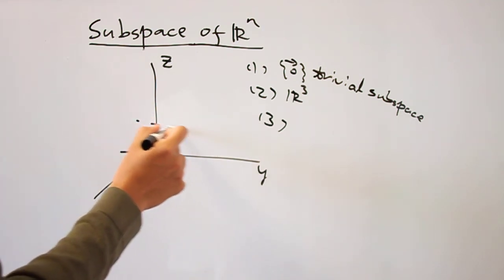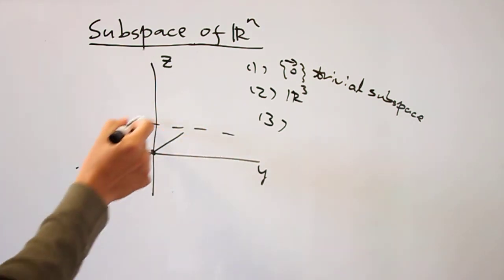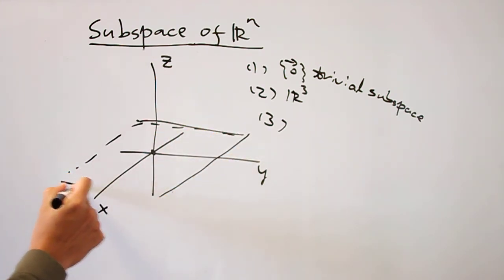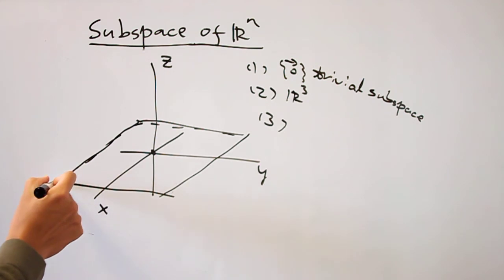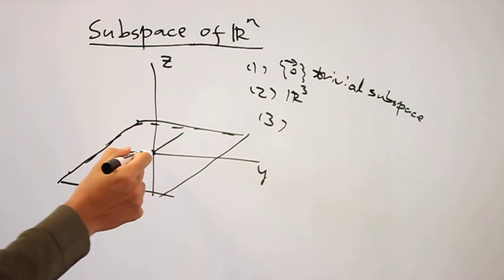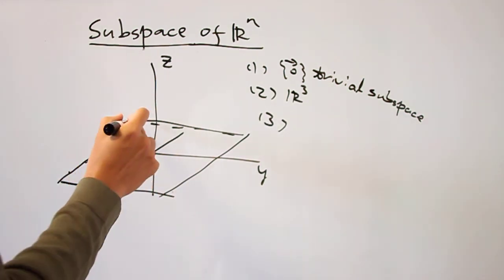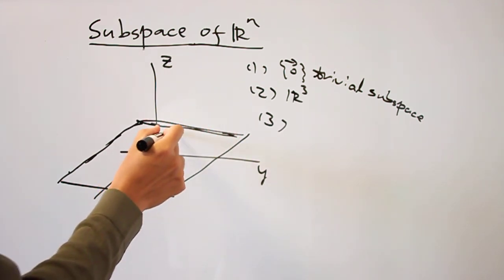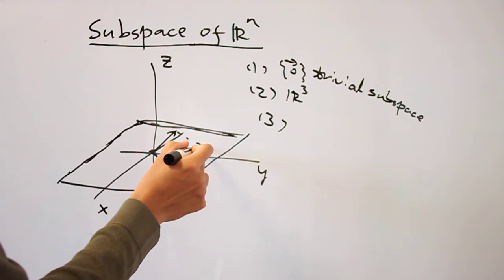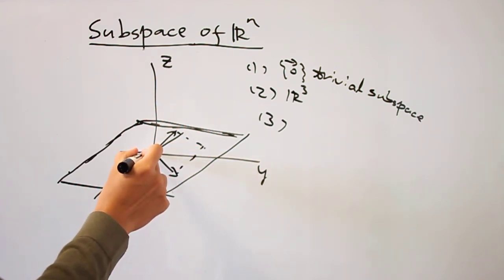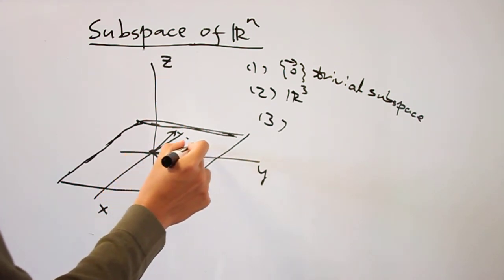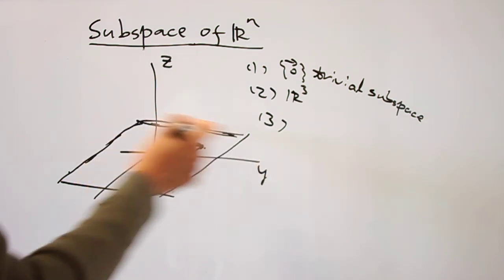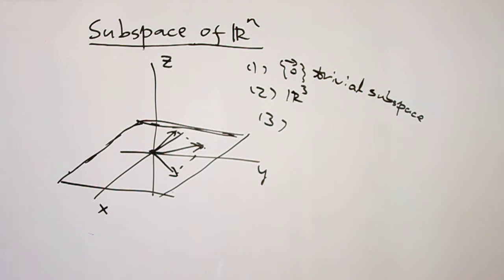Number 3, as an example, you can have basically the xy plane. It contains 0, and also if you have two vectors like this and you add them by the parallelogram rule, then this vector is obviously still on this plane because this plane is sort of like an R2.